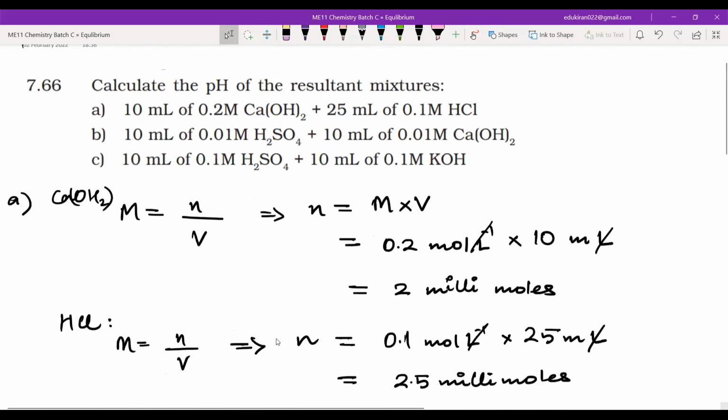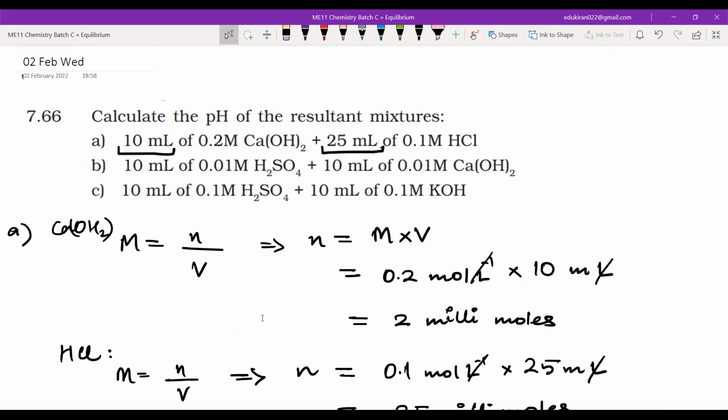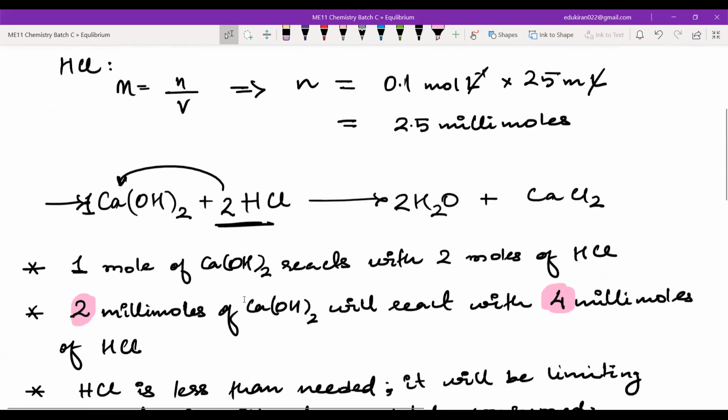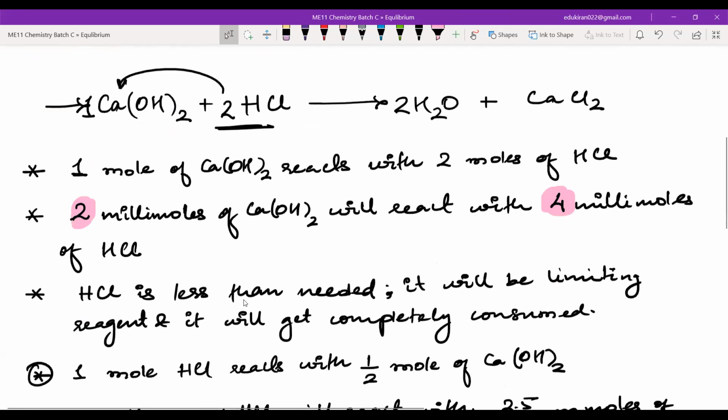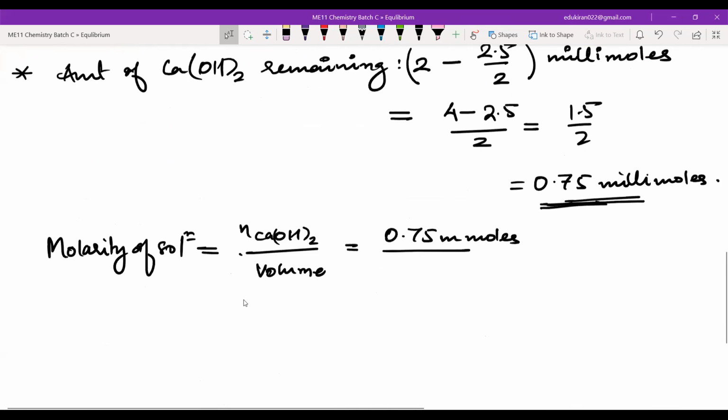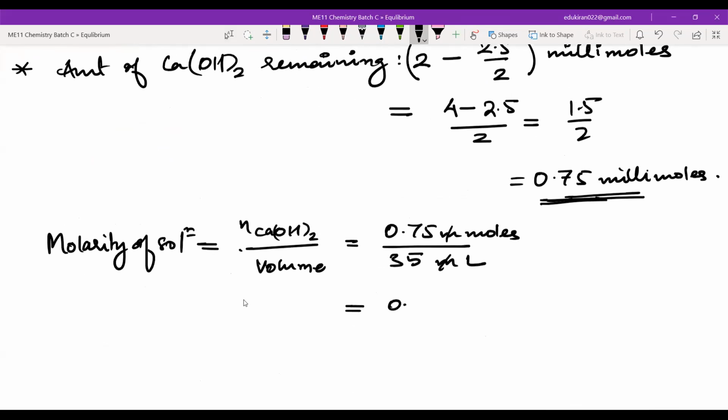So this water will be present, 10 mL and 25 mL. Total it will make 35 milliliters. So milli and milli will cancel each other out, and you will get 0.75 divided by 35 moles per liter. This is the molarity of the solution.